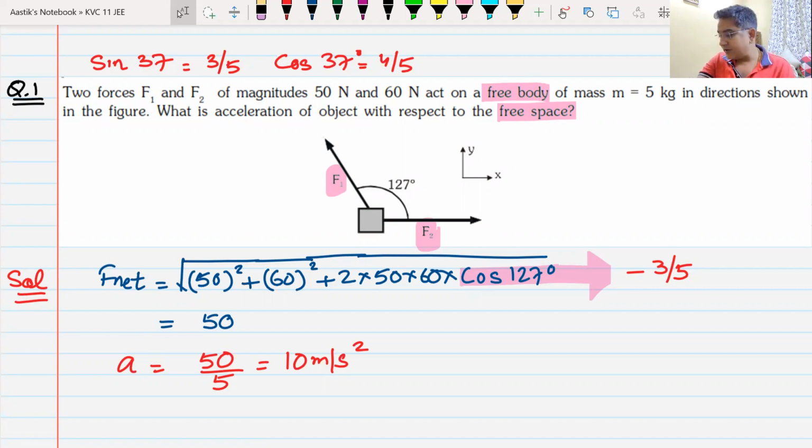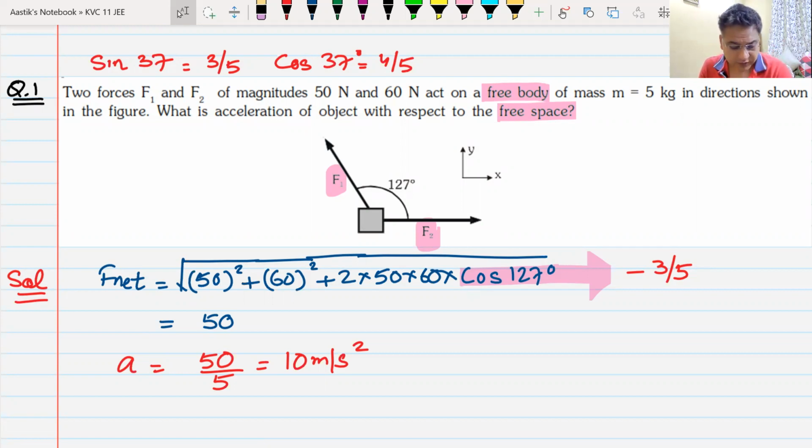Now remember, bodies are not going to be free all the time. Sometimes they might be constrained. When I say constrained, it means they cannot move in any particular direction. They have to move only because they are put in certain conditions.